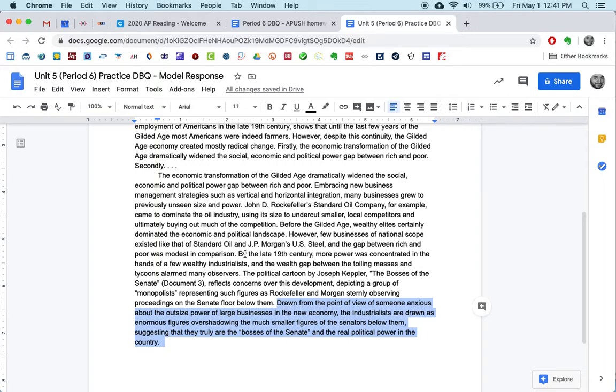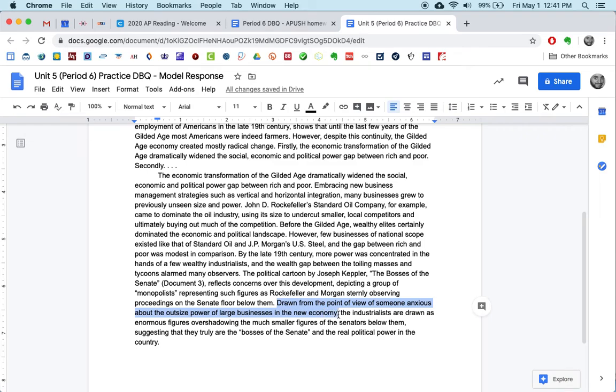The point of view here is someone, I don't know anything about Joseph Kepler, but I do know clearly that he's not a fan of what's going on. So the point of view is someone who is anxious about the outsized power of large businesses in the new economy. But if I just stop there, I'm not getting the point for point of view.